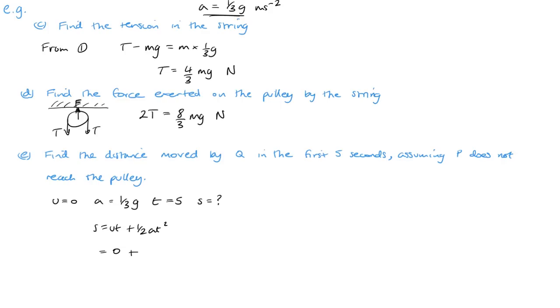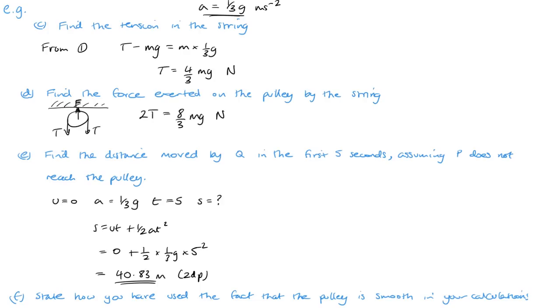So that's going to be 0 plus half times 1/3 g times 5 squared. And that is 40.83 meters to 2 decimal places there. Okay, nice and straightforward, I believe.